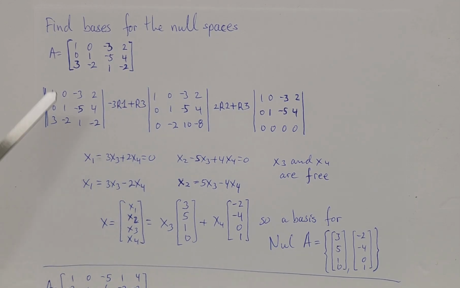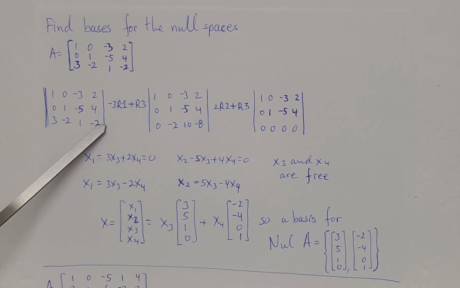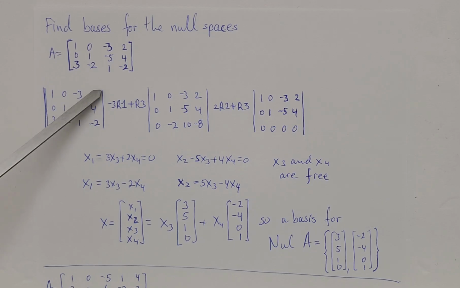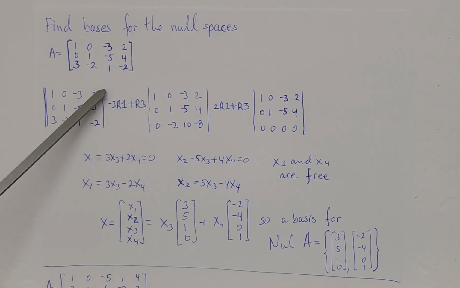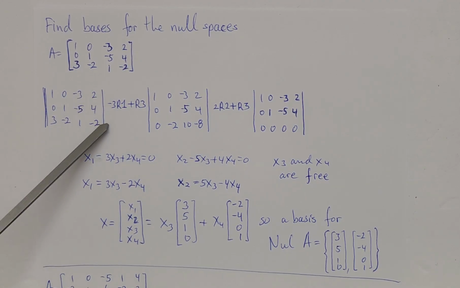One more time. Since we are looking for the basis for the null space, we don't need that extra 0 column. If we are looking for the vectors that span the null space, then we need that extra 0. So be very careful.